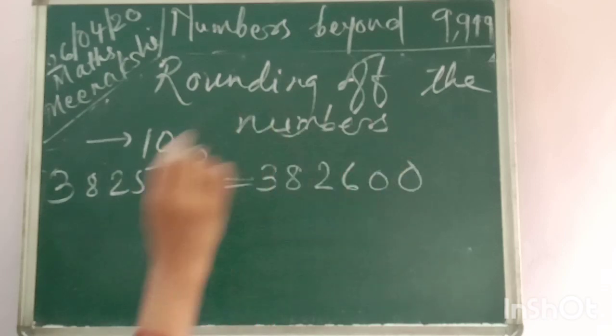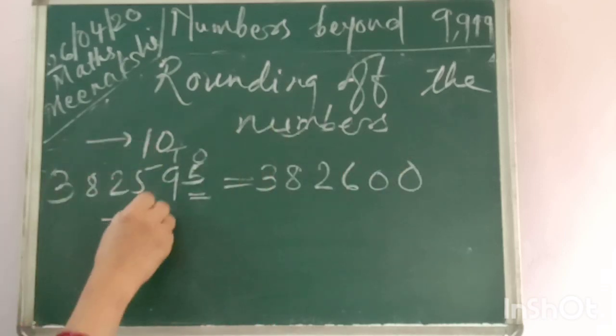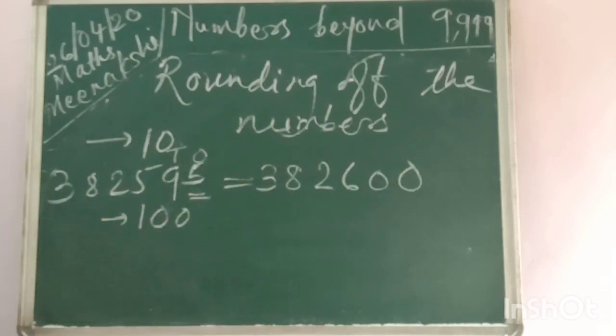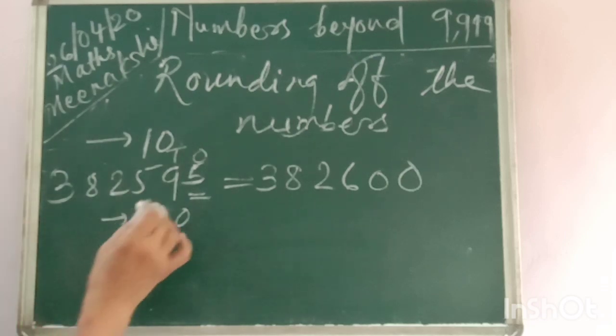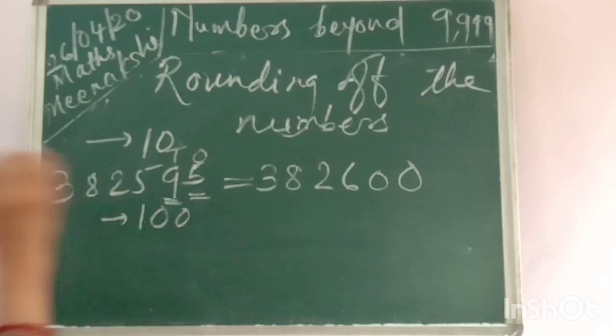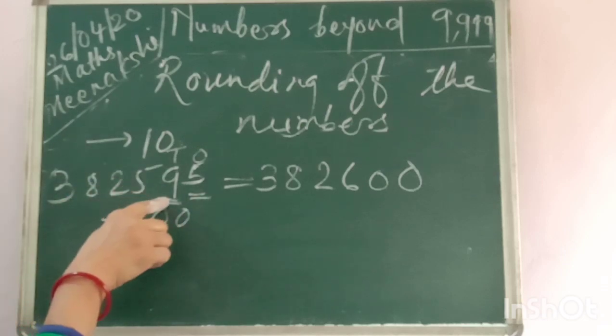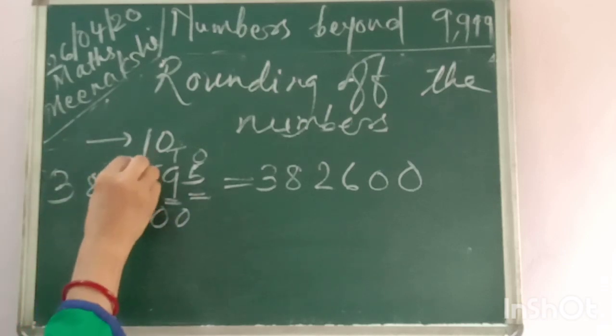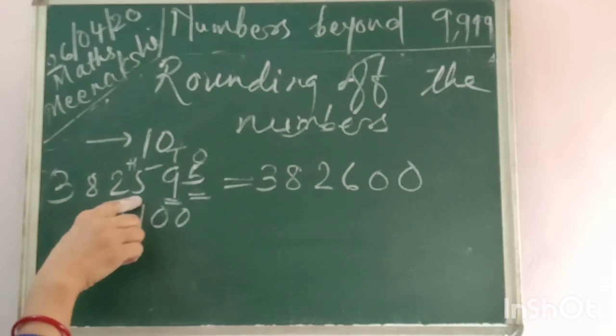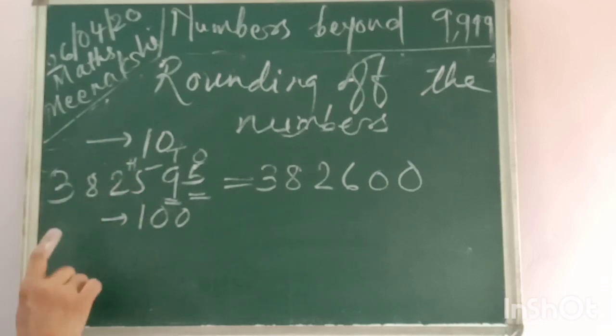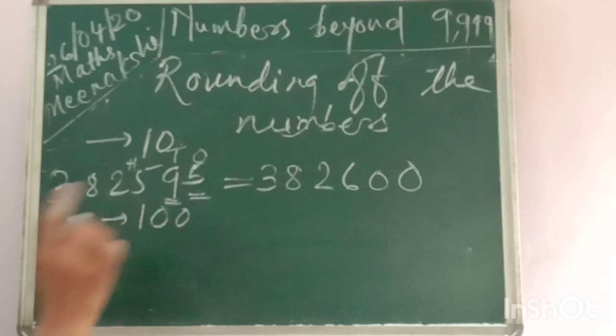Now suppose the same number, you want to round off to the nearest 100. Then what will you do? You will check the tens digit, because you want to round this number to the nearest 100. Now look here, this digit is 9, which is again greater than 5.